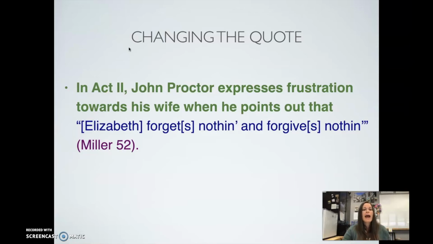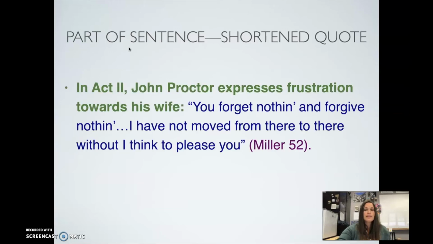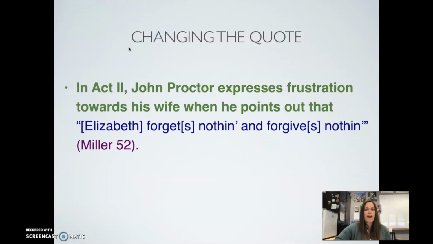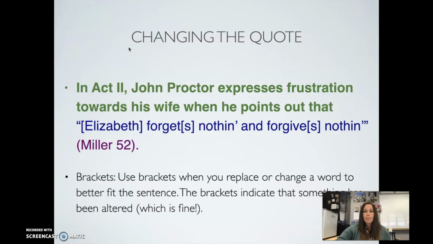So take a look. In Act 2, John Proctor expresses frustration towards his wife when he points out that Elizabeth "forget[s] nothing and forgive[s] nothing," okay? The original quote, if you go back to this one, says "you forget nothing and forgive nothing," okay? In this one, it says Elizabeth forgets nothing and forgives nothing, okay? I added brackets around the parts that I added or changed because you will need to do the same thing.